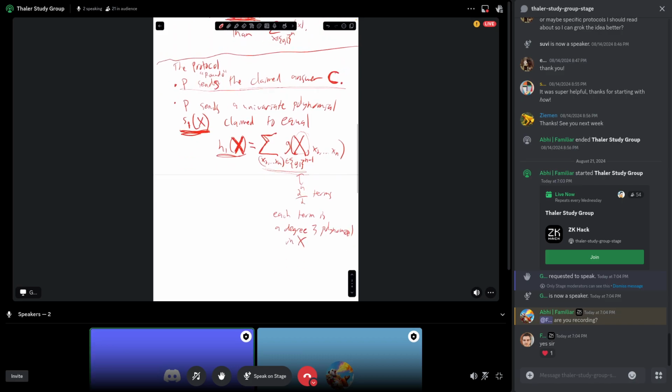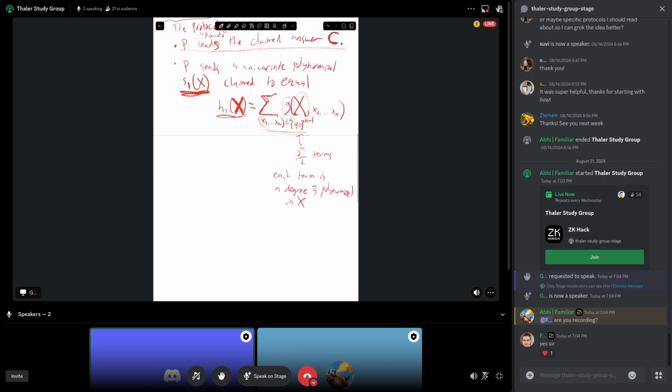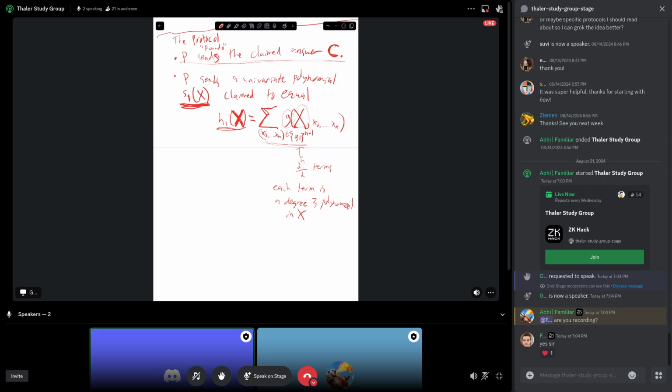Because G itself, I said, has degree at most 3 in each variable. Okay. So there's a huge number of terms, but each term individually is very simple. Each term individually, a degree 3 polynomial, is like C0 plus C1 times x plus C2 times x squared plus C3 times x cubed, right? Very simple, 4 coefficients or whatever.